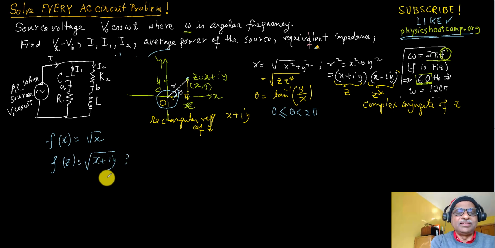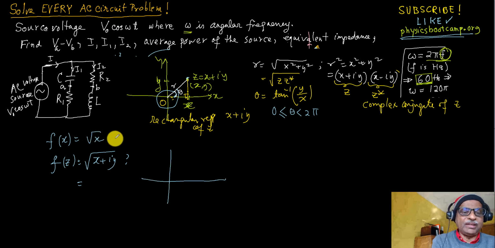What is that? How do I get it to become a mapping? So for x, if I have this is x, so take say 4, and this function maps it to 2. So we have this rule, this point goes to that point.